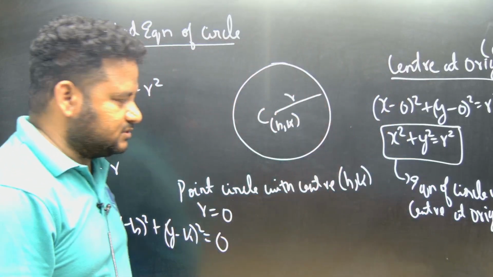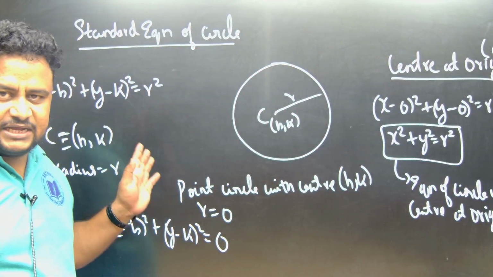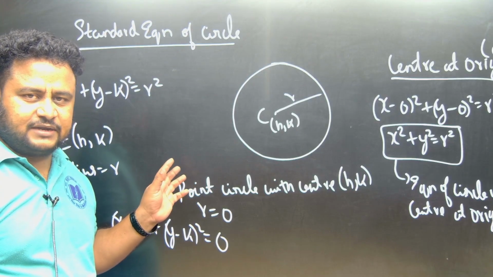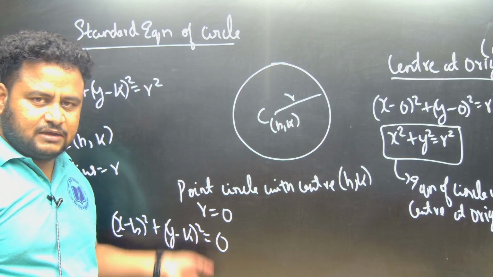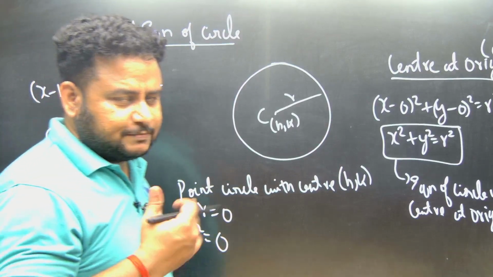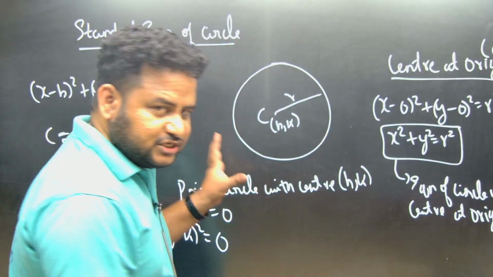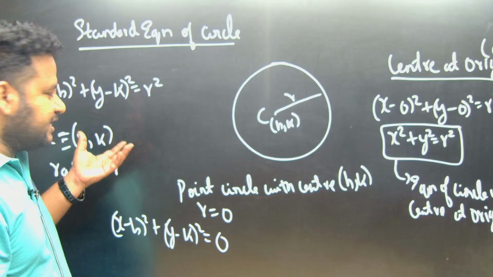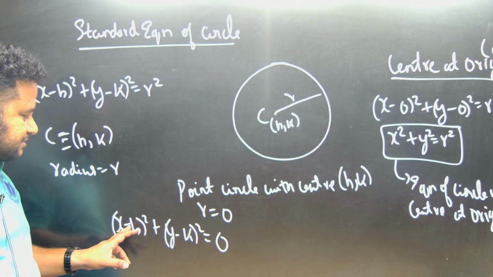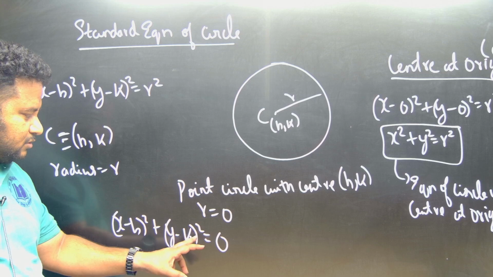Please remember this. First we studied the general equation. From there, the center is (minus g, minus f), and the radius is the square root of g square plus f square minus c, but that should be greater than or equal to 0. If it is equal to 0, we call it a point circle. Then I told you the definition of a circle, and from there we got the standard equation of the circle. If it is a point circle, then (x minus h) whole square plus (y minus k) whole square is equal to 0.